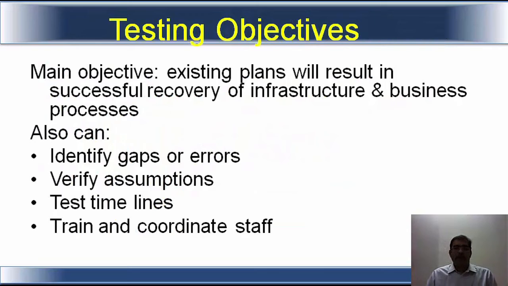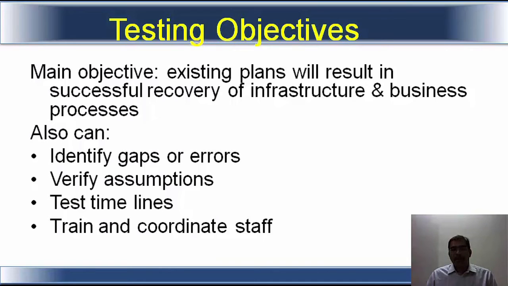But what are the objectives of testing? The main objective is to see whether existing plans will result in successful recovery of infrastructure and business processes. It can also identify gaps or errors. So if there are errors in the process, or if there are gaps in the recovery times or in the process itself, you will come to know.